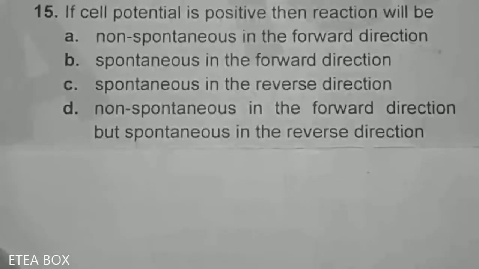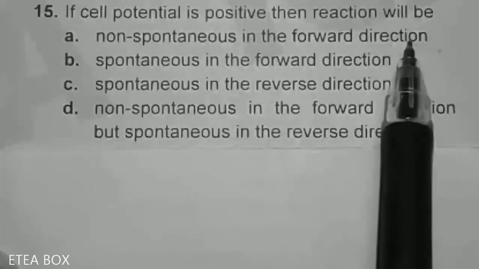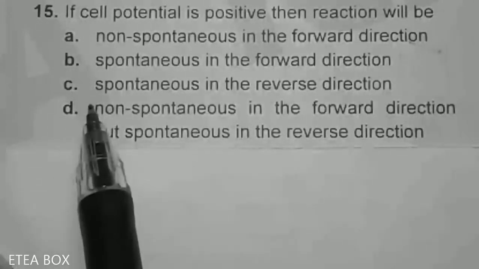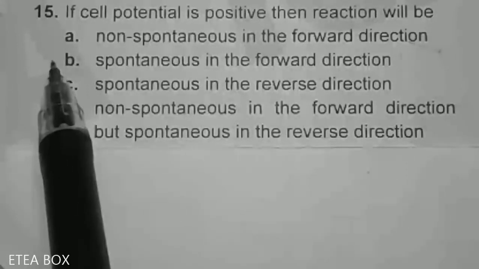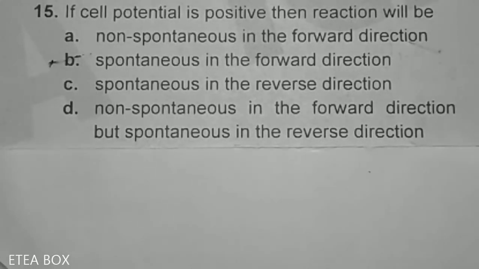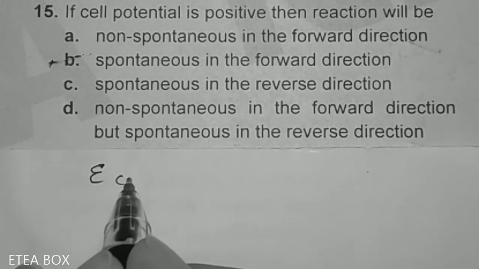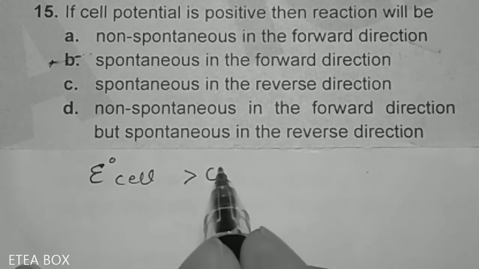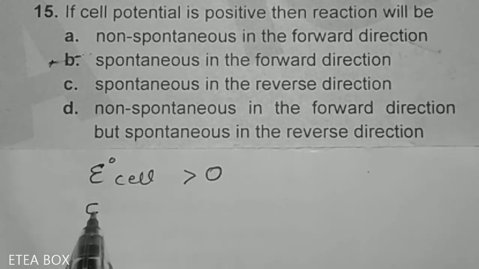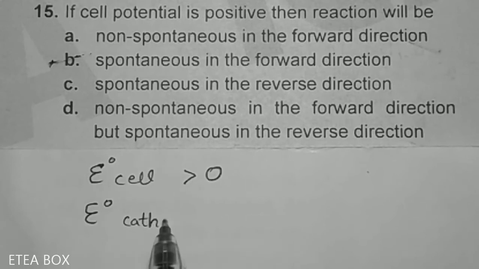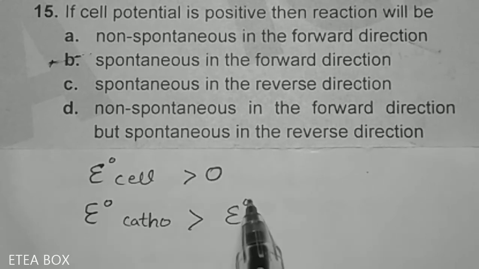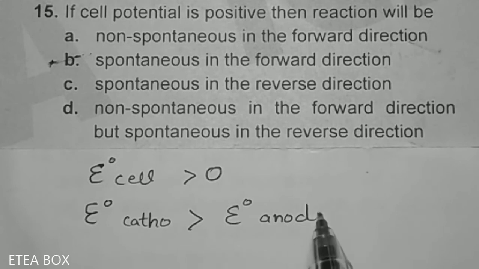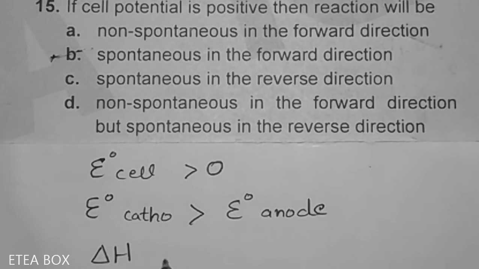If the cell potential is positive, then the reaction will be spontaneous in the forward direction. Option B is correct here. Now keep a few things in your mind: if the potential of the cell is greater than 0, meaning positive, then the potential of the cathode is greater than the potential of the anode, and the free energy change is smaller than 0.